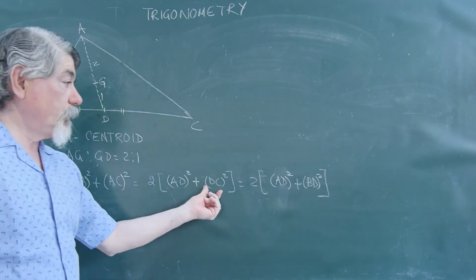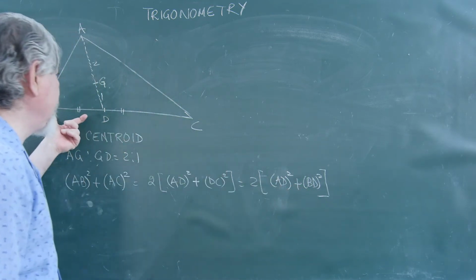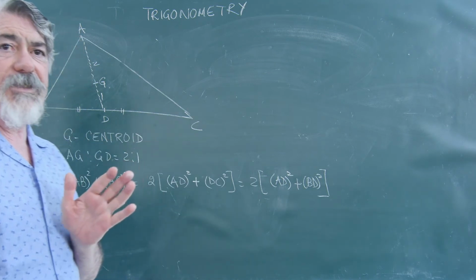I can take DC square or BD square, because BD and DC are both the same, so any of the sides could be taken.